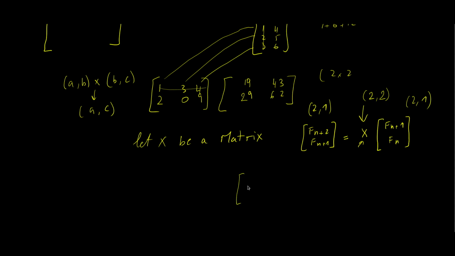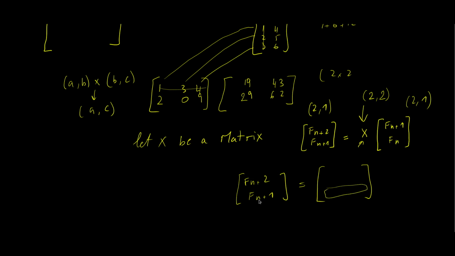Let's try to construct it. So we will have f of n plus 2 here. Here we will have f of n plus 1 is equal to some 2 by 2 matrix times this. So the result, let's consider this second row first. Here the result will be f of n plus 1. And here this column will be multiplied by this row.